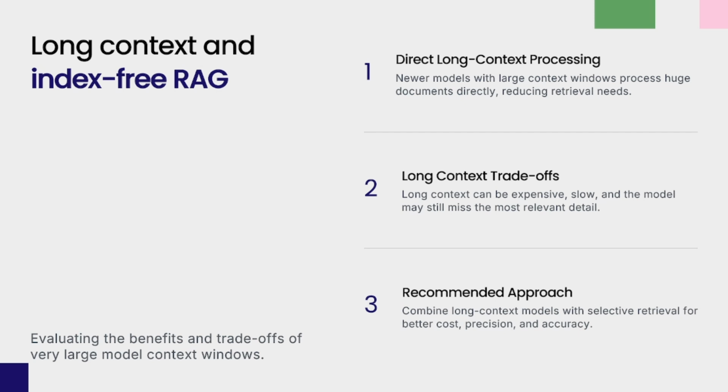So, direct long context processing. Newer models with large context windows process huge documents directly, reducing the need for retrieval. So when you have long context, a RAG database may not be needed, because the agent can process the information directly without retrieving any information from the database.